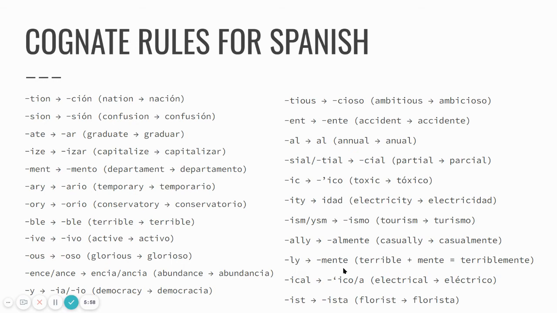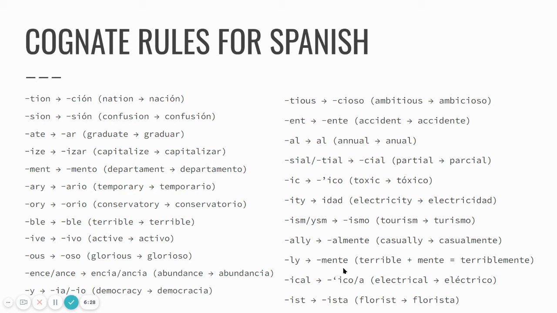And we do have these things called cognate rules, which are simply spelling changes that will help you out. So in English, a lot of the time, if a word, and these are all suffixes, meaning they're at the end of a word, ends in tion in English, it will be ción with an accent over the o.